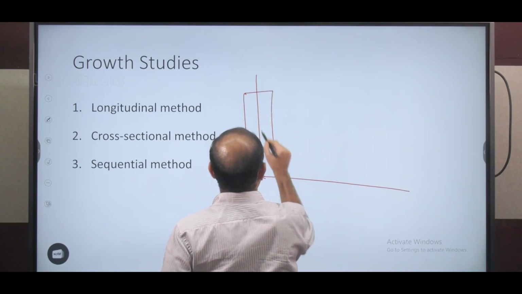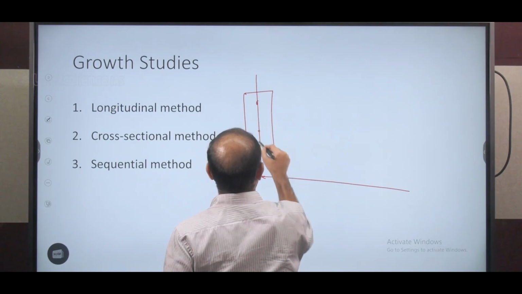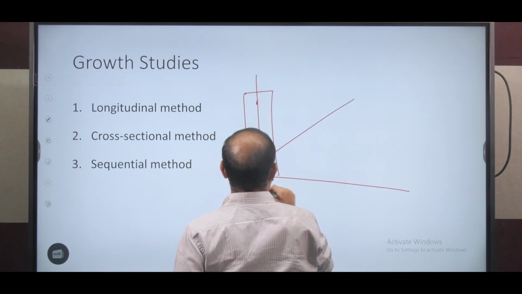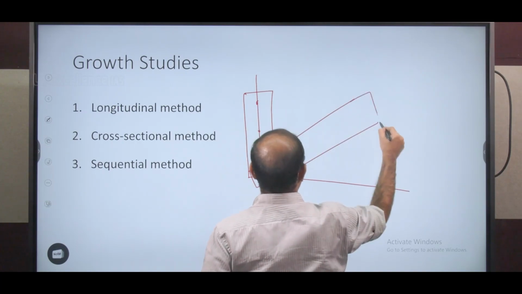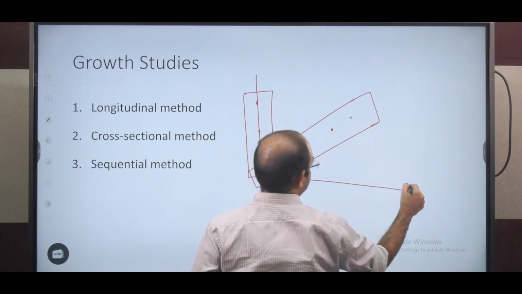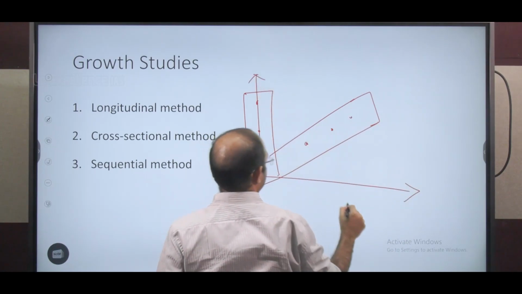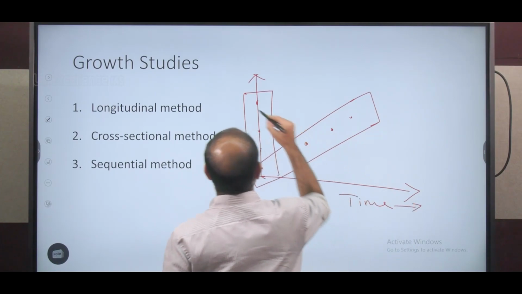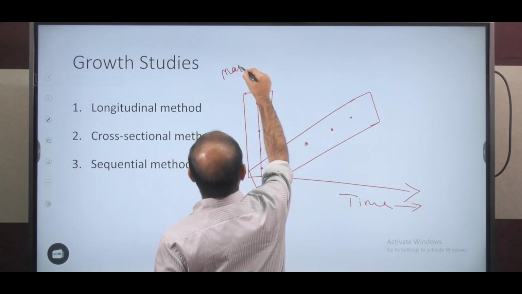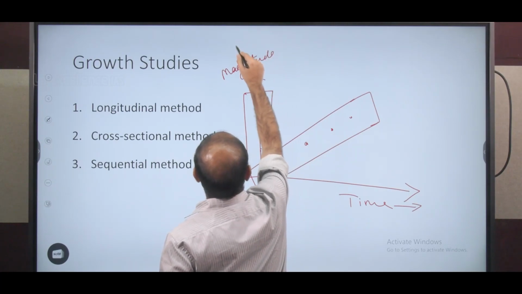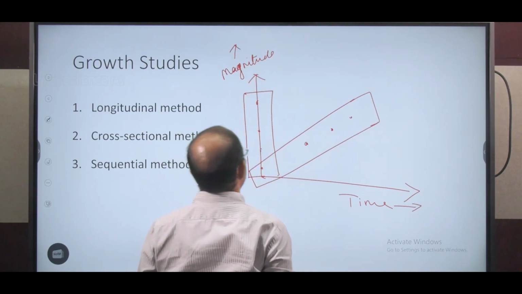This is the magnitude of what you are measuring.